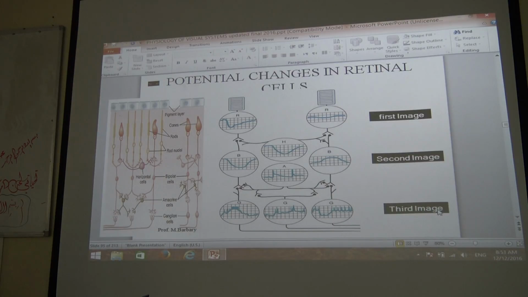Magnocellular cell and parvocellular cell. وبعدين عندنا cells on off center وفي opponent response to different colors. Red on, central red, peripheral green. The opponent colors antagonize each other.